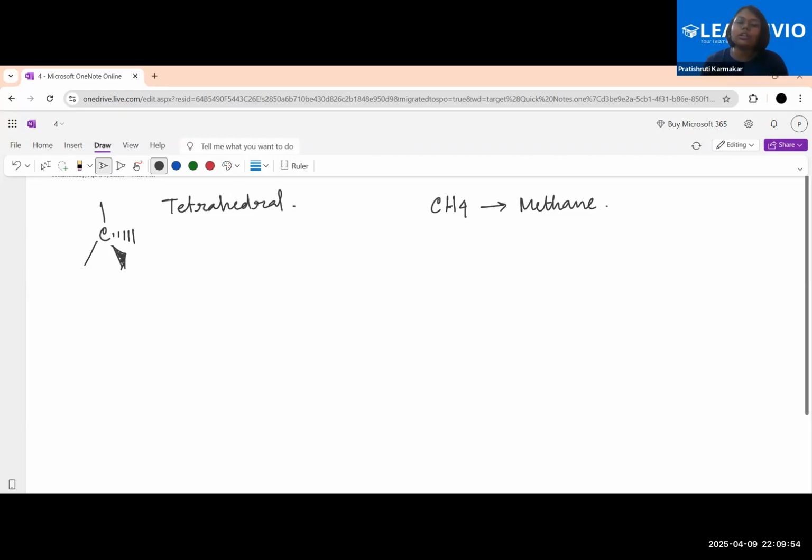So we have to draw the structure of methane in a tetrahedral way. We will draw the carbon and then the four bonds in the tetrahedral structure, and we will place the four hydrogens at the end of these four bonds.